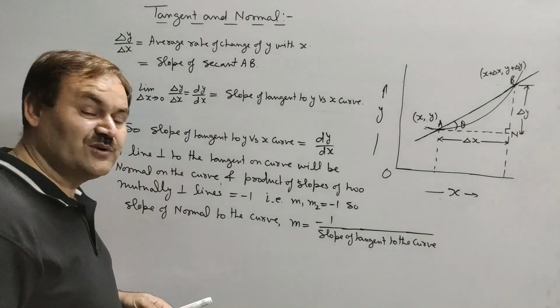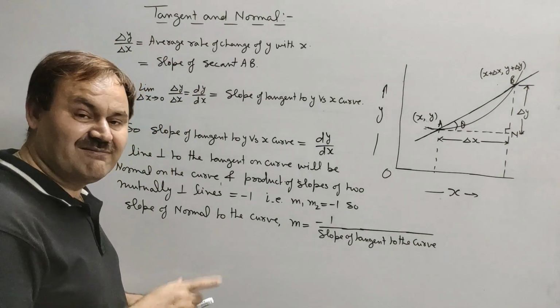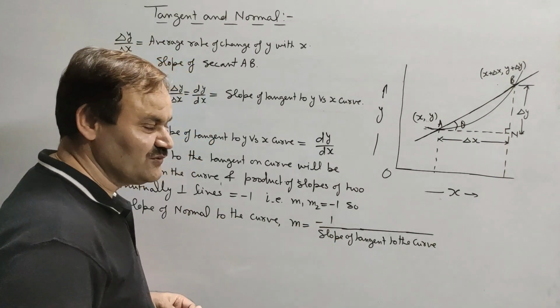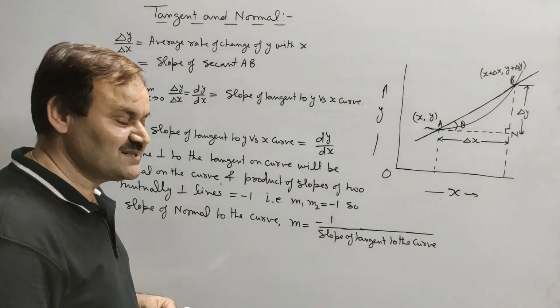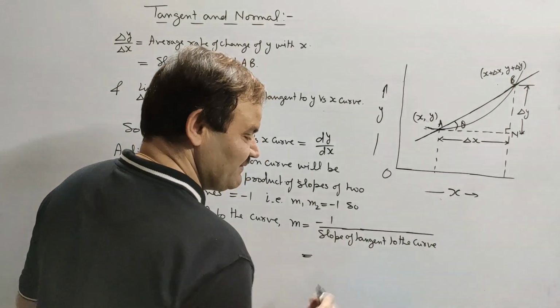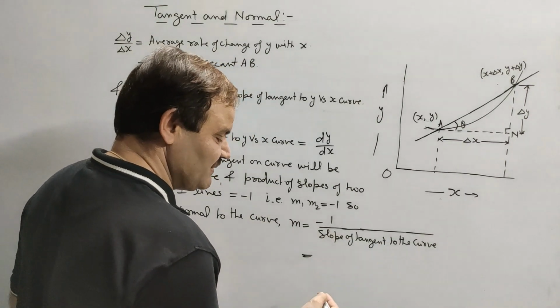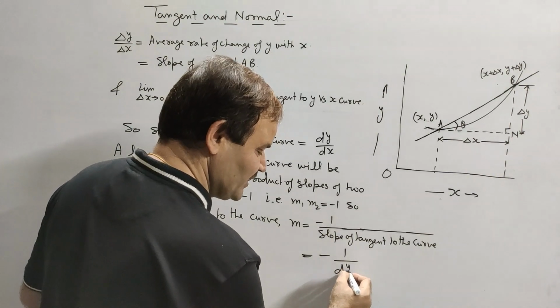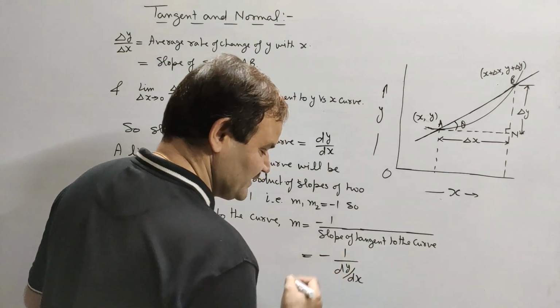So slope of normal to the y versus x curve, m, will be -1 upon slope of tangent to y versus x curve, and slope of tangent is dy by dx. So slope of normal will be -1 upon dy by dx.